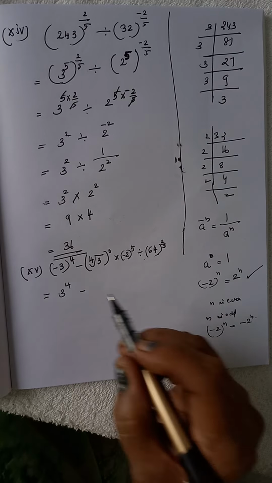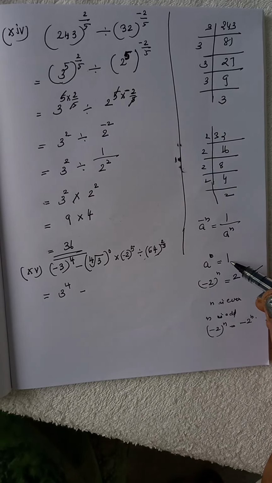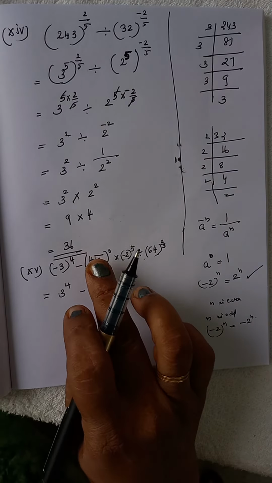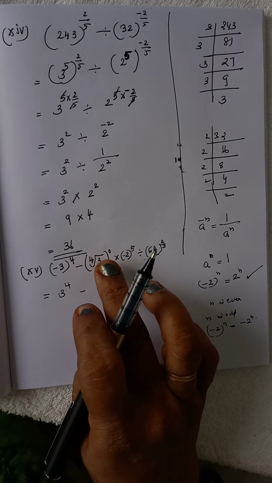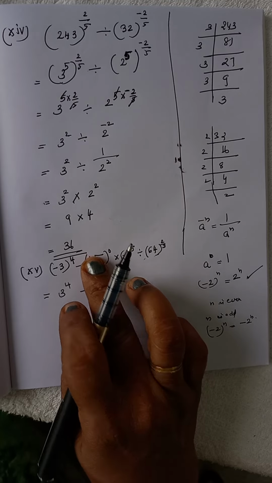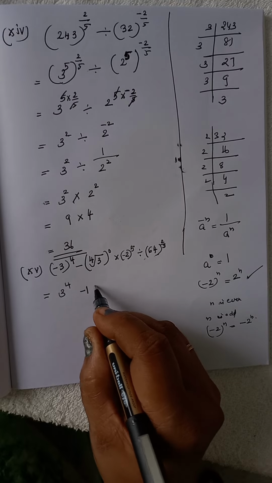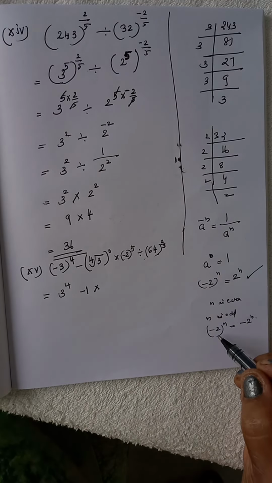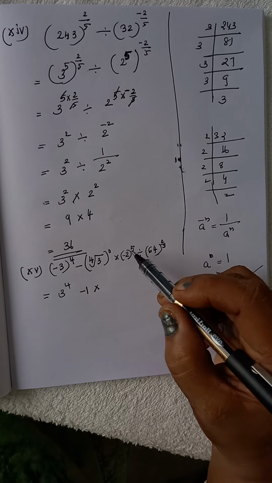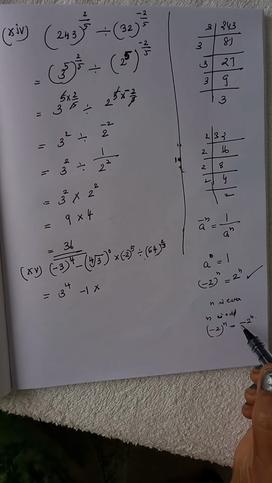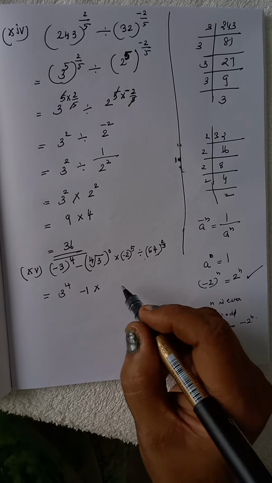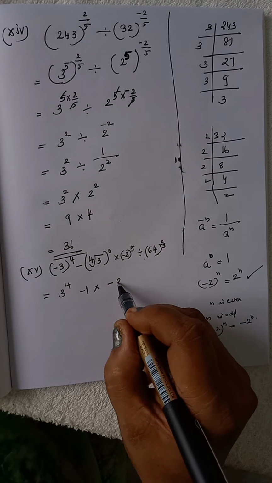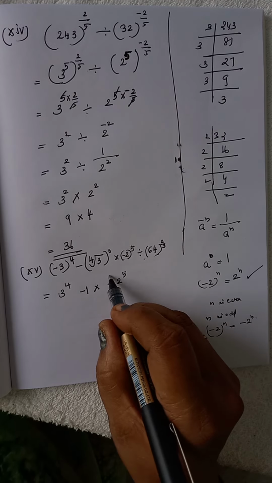So minus, now a raised to 0 is equal to 1. Instead of a we got 4th root of 3, so that raised to 0 means 1. That into again minus 2 raised to 5. So minus 2 raised to n, if n is odd, here 5 is odd, so that is minus 2 raised to 5.